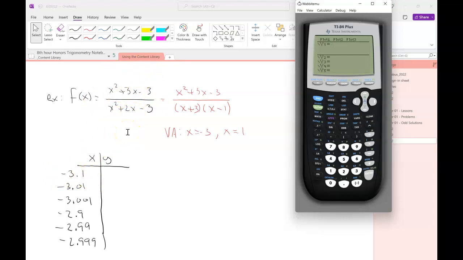Now, this is going to be pretty annoying to keep typing, like negative 3.1, and replacing that a bunch of times. So I'm going to do it the smart way. I'm going to type this function into my calculator. So I'm going to do alpha y equals, and then pick the fraction command.